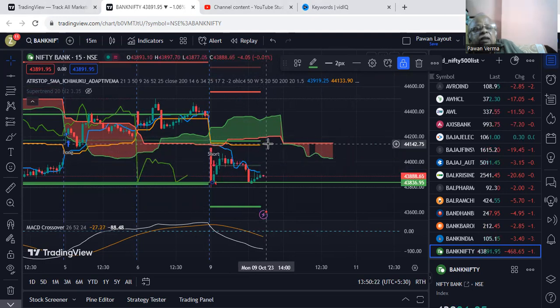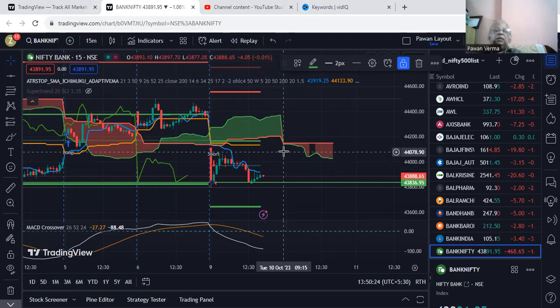It denotes that the selling pressure has reduced and we are just waiting for the buying. This is the actual scenario. The 15-minute chart of Bank Nifty says that the selling pressure has gone down and we are waiting for the buying pressure.